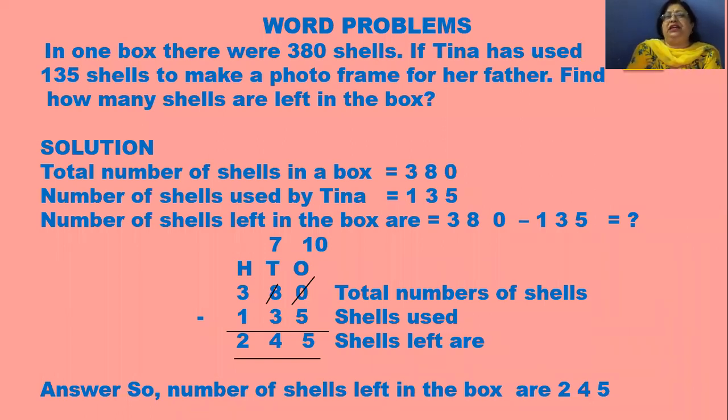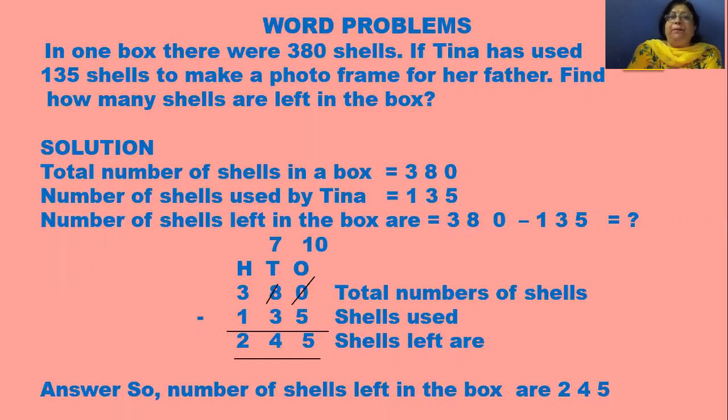In one box, there are 380 shells. If Tina has used 135 shells to make the photo frame for her father, how many shells are left in the box? Now, how are we going to do? First, we are going to find out how many shells are there in all. So, total number of shells in the box are 380.